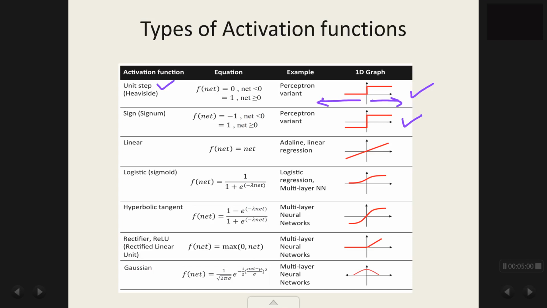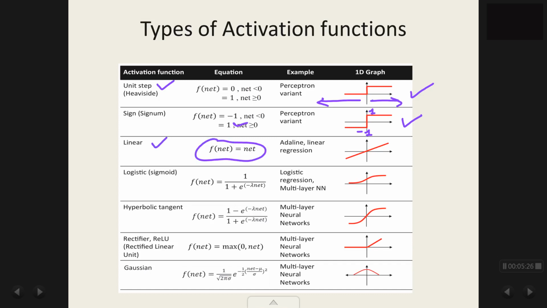It is high. Then the Signum function, where the difference is that the output lies between 1 and minus 1. So f of net is equal to minus 1 for all negative values of net, that is net less than 0, and for net greater than or equal to 0, it is 1. Then there is a very simple function, the linear function, f of net is equal to net.